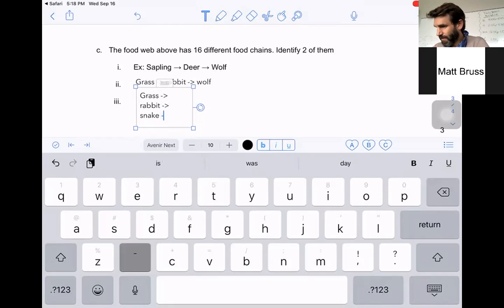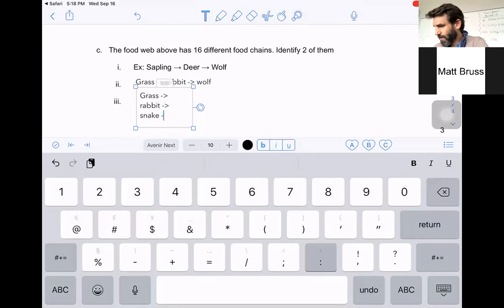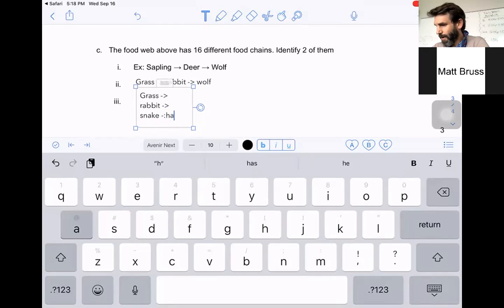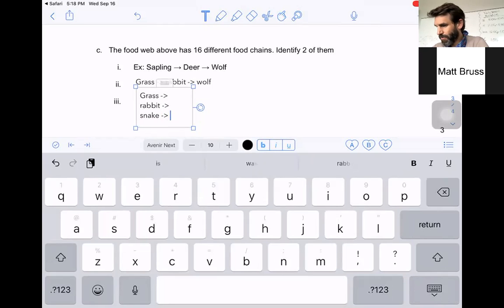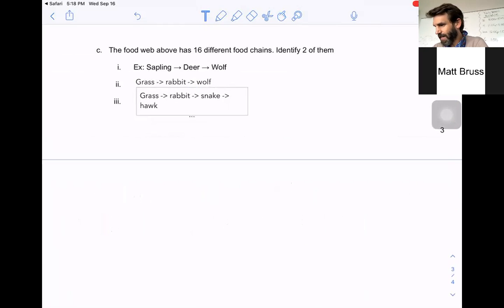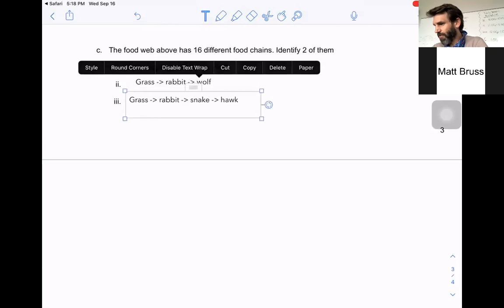Once again, to hawk. That was a sneaky one in there. Oh, is that how we spell it? Oh, I see it. To hawk. All right, and let's stretch that out. And we got a cool food chain right there.